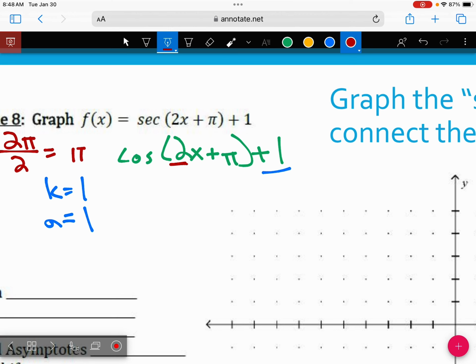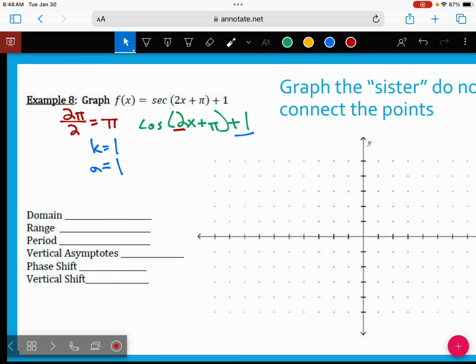So our period here is just going to be pi. We said our vertical shift was going to be up 1. And then our phase shift, or our horizontal shift, is going to be 2x plus pi equals 0.